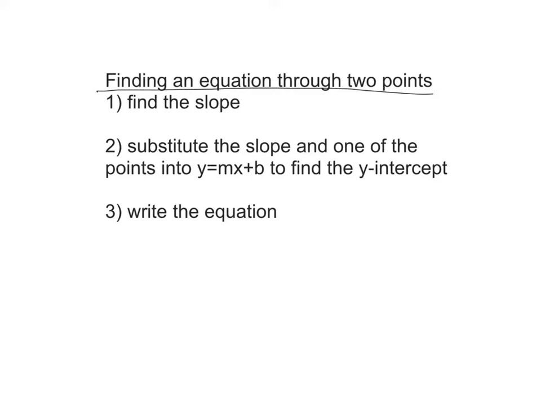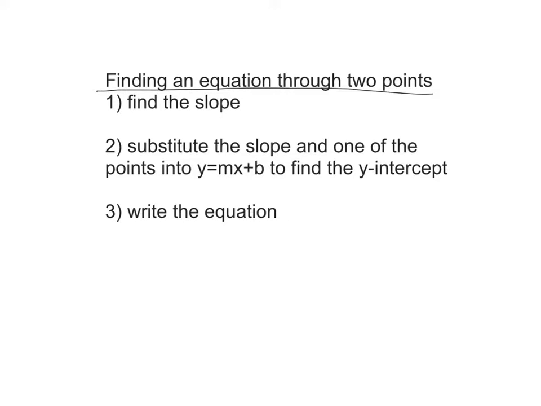We find the slope of the line, and then what we're going to do is substitute. We have our slope-intercept equation, y equals mx plus b. We're going to substitute the slope in place of the m, and one of the points, which will go in place of the x and the y, and then that will leave us the y-intercept.